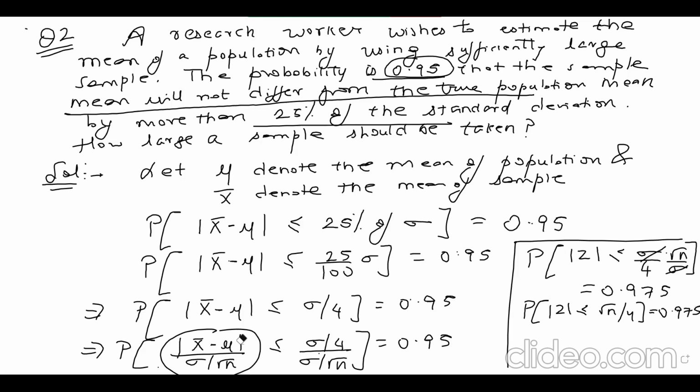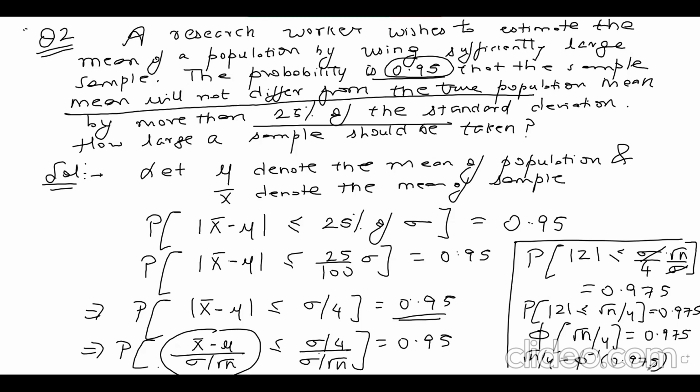Till here there were no mods, so when I take 0.95 here, it means that I'm not using a two-tailed test. Since I'm using a two-tailed test, I'll use 0.975. Again, I can write this as phi of square root of n by 4 is equal to 0.975. So square root of n by 4 is phi inverse of 0.975.